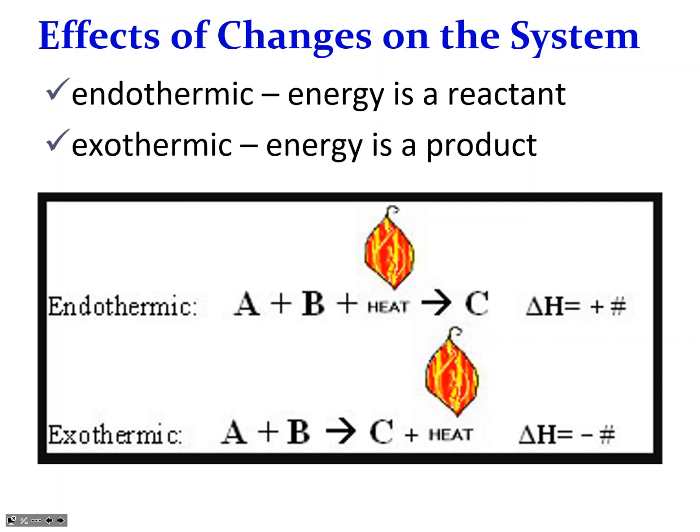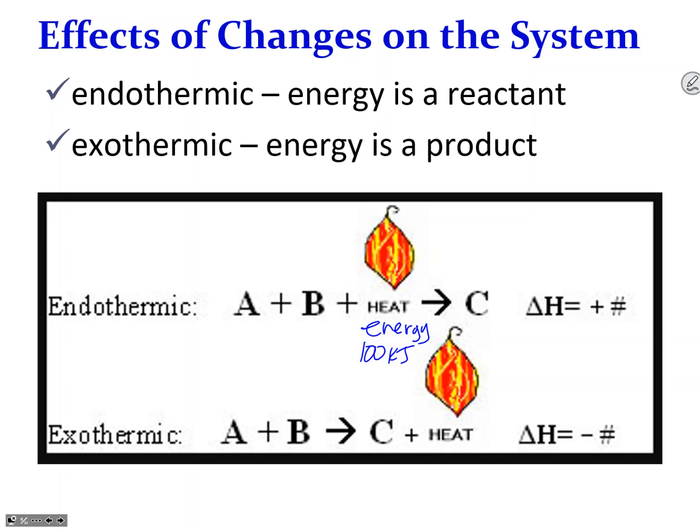So for endothermic, you actually put heat on the reactant side and treat it as though it is a reactant. They could write in the word heat, they could also write in the word energy, or they could put in something like 100 kilojoules as they're adding it in.